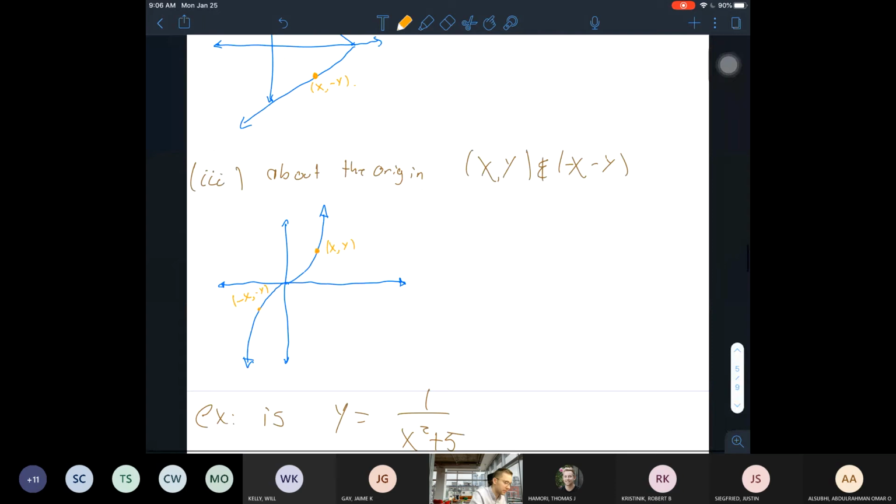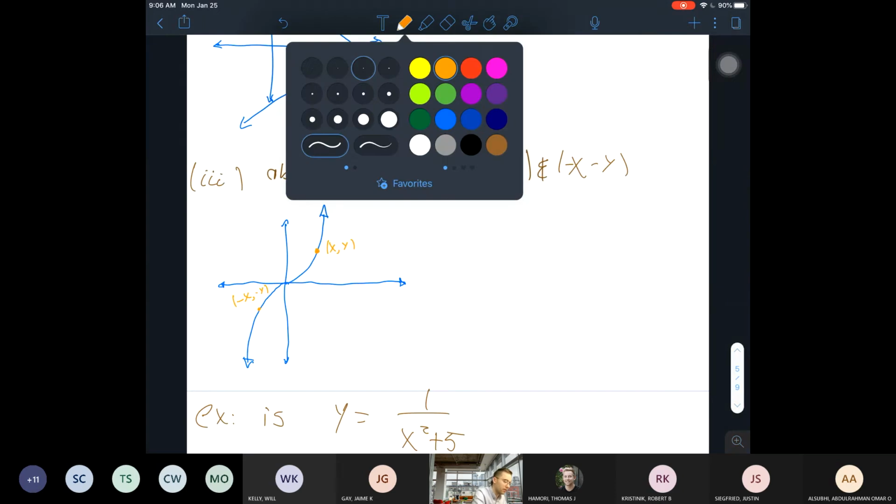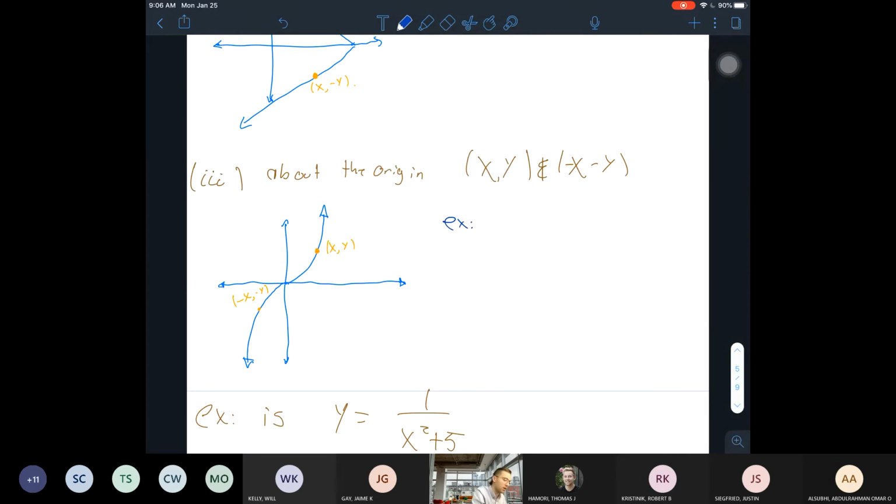Okay. So for example, our example that we used here was y equals x cubed. You'll notice that for every point, if I do 1, 2, 3, my cubes are going to be 1, 8, and 27.